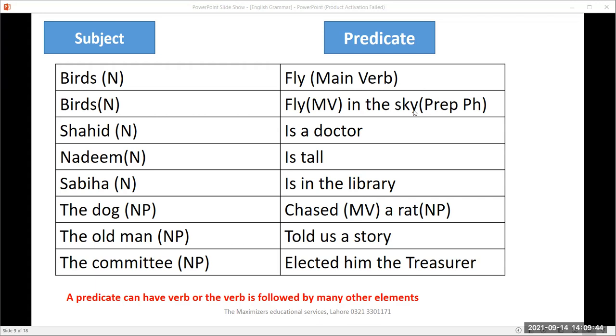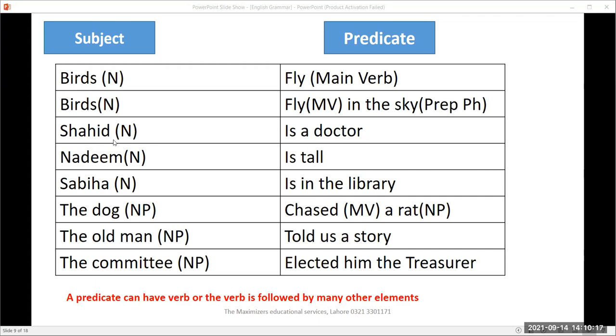In the sky. Now in the sky is a phrase. Here in is the starting word, the head word, which shows the location of the birds. So it is called a preposition. The words which add to the meaning of the preposition are called a prepositional phrase. That means the predicate can have a verb and it can have a prepositional phrase as well.